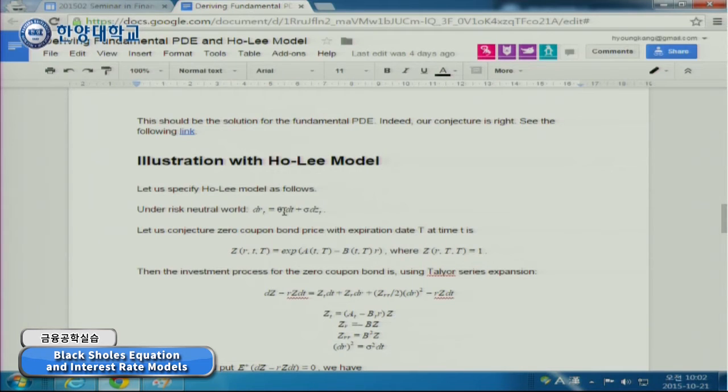And then we can get any derivative written on interest rate or bond.